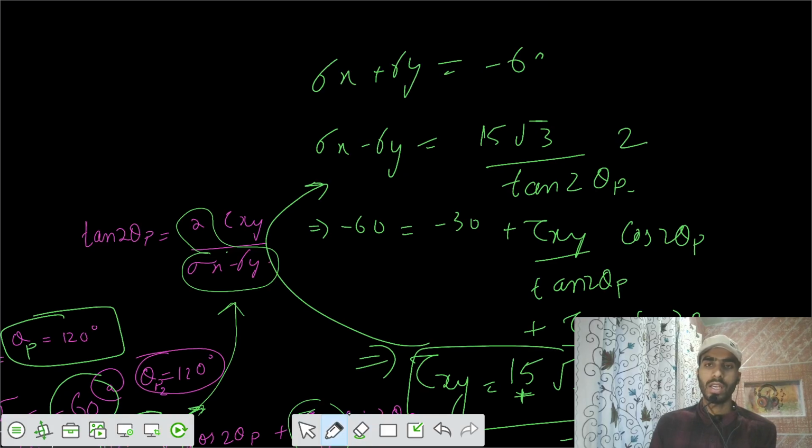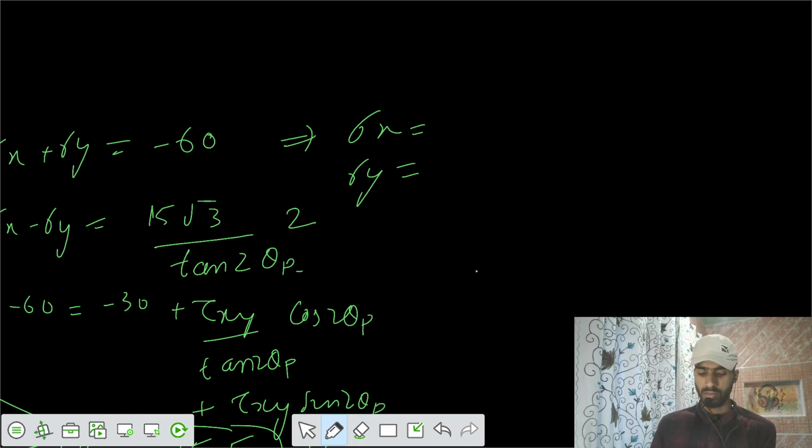You also know sigma x plus sigma y equals minus 60. Then you can get sigma x and sigma y: sigma x is minus 15, sigma y is minus 45 megapascal.